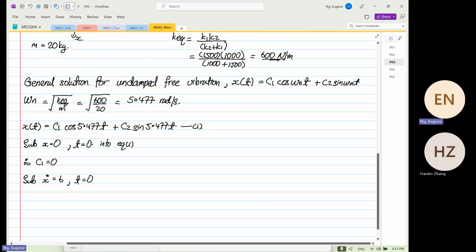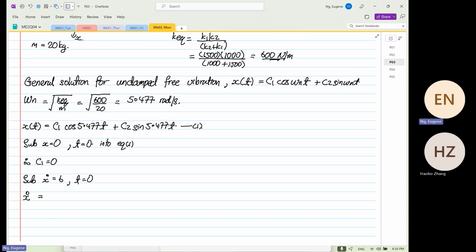But before we substitute the second boundary condition, we know that x dot is equal to minus C1 times 5.477 sine 5.477 t plus C2 times 5.477 cos 5.477 t.